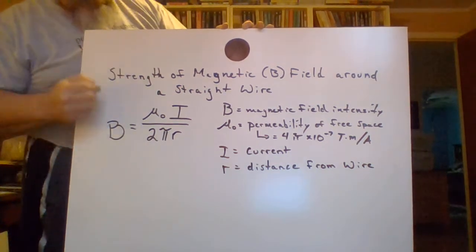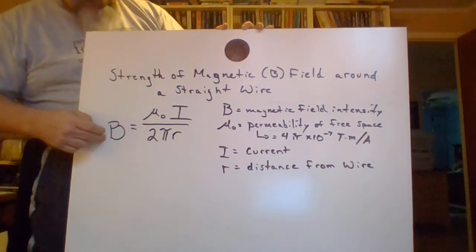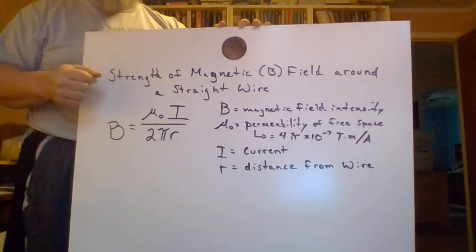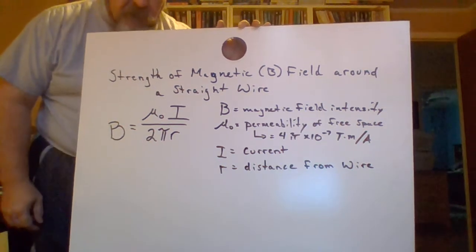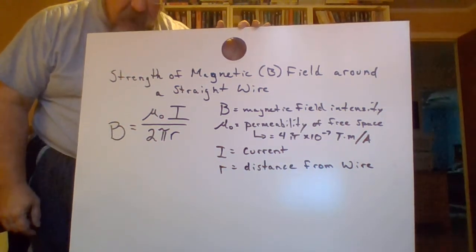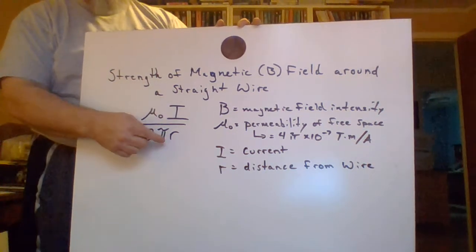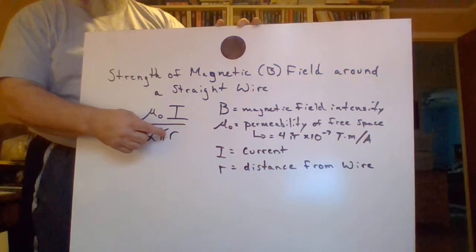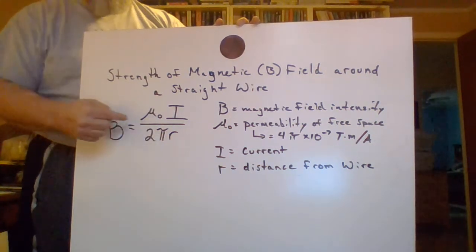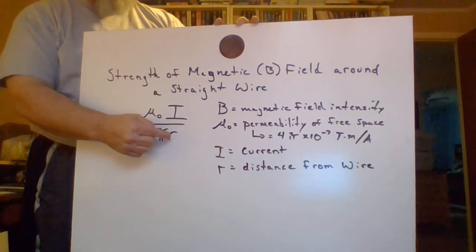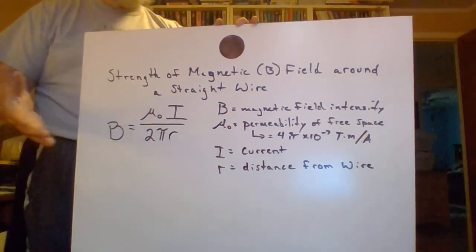Okay, so B, magnetic field intensity, mu0 represents the permeability of free space. Look on your reference table, it's there. Okay, I represents current and R represents the distance away from the wire. Notice that this is an inverse relationship between magnetic field strength and the distance you are away from a wire, but that makes sense anyway.